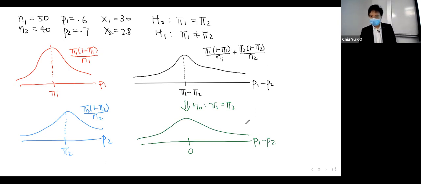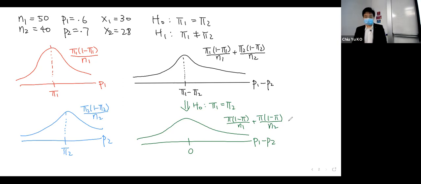And here we have pi times (1 minus pi) over n1 plus pi times (1 minus pi) over n2. All right, so that is what we have.